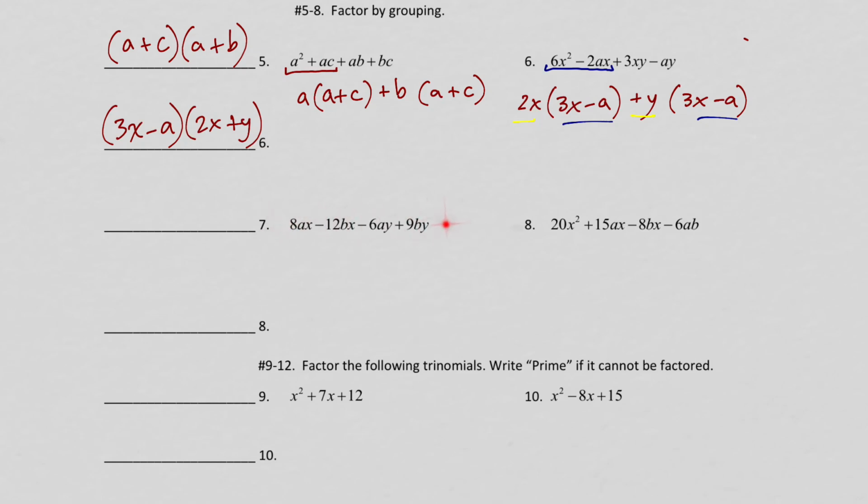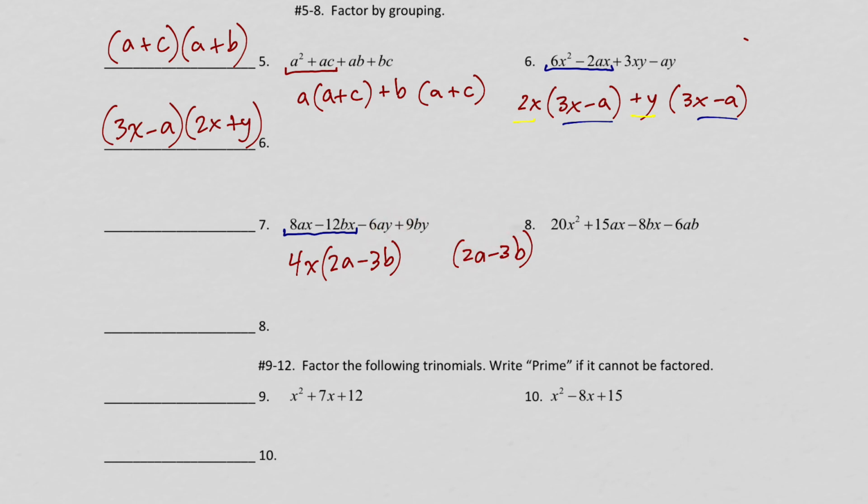Again, I have 4 terms, so I'm going to factor by grouping. I'll group these two together as if they're a separate problem, and I'll pull out a 4x. And that leaves behind a 2a minus 3b. So I'm going to leave a big space and put 2a minus 3b down immediately, because I know whatever I leave behind here, I have to leave there. Then I'll think about what goes here so that when I multiply, I get back to those.